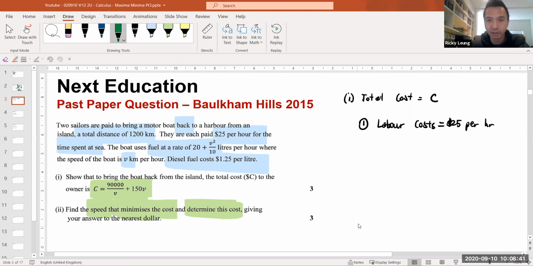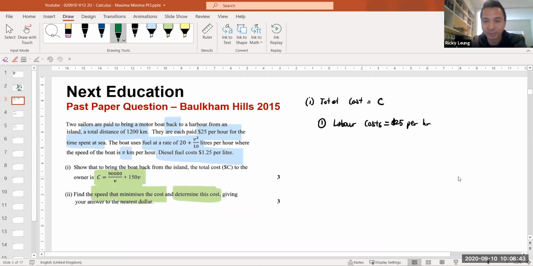So it begs the question, how many hours were they actually at sea? Off to the side, I'll write down speed equals distance over time, right? That is the connection here. Time is crucial because I've got speed in all of this to be v. And the distance in all of this is 1,200 kilometers.